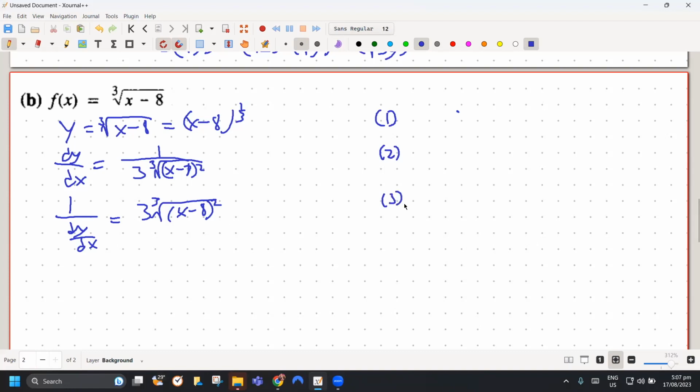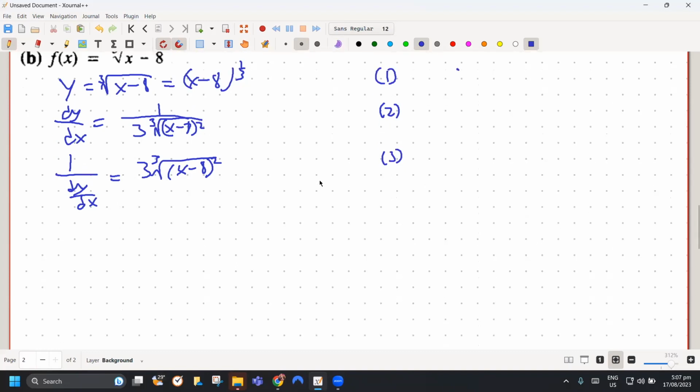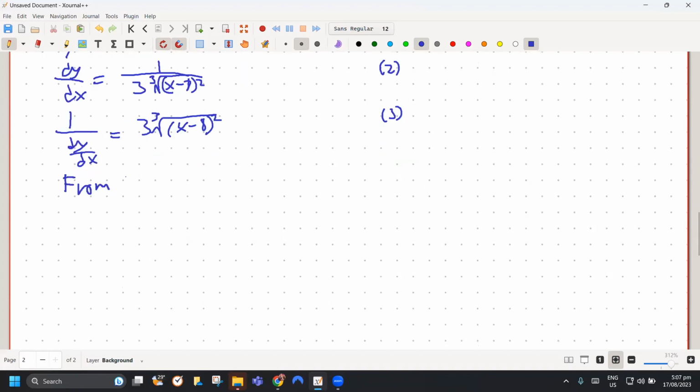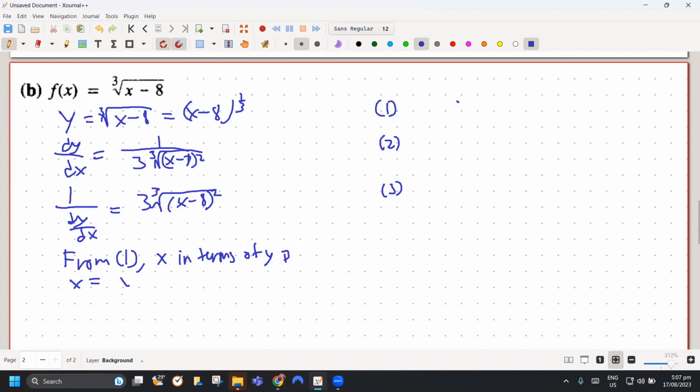So from equation 1, express x in terms of y. Again, from 1, x in terms of y is y cubed plus 8. So y cubed is x minus 8, and y cubed plus 8 equals x. So that's equation number 4.